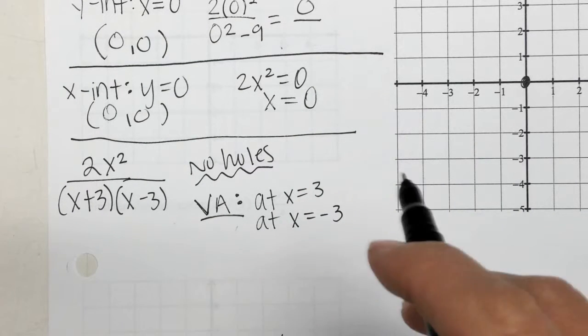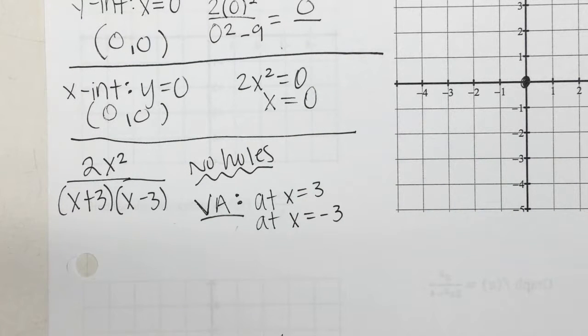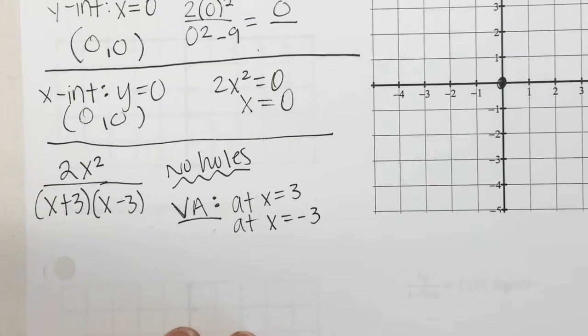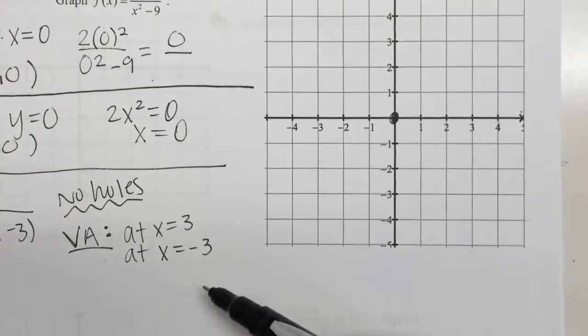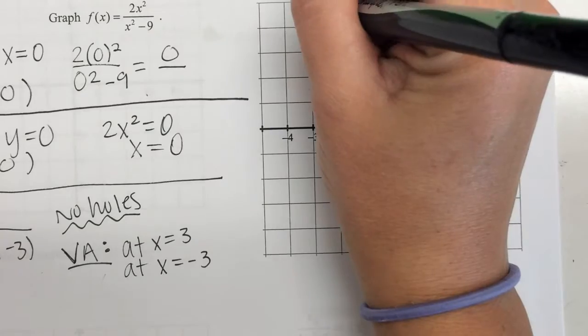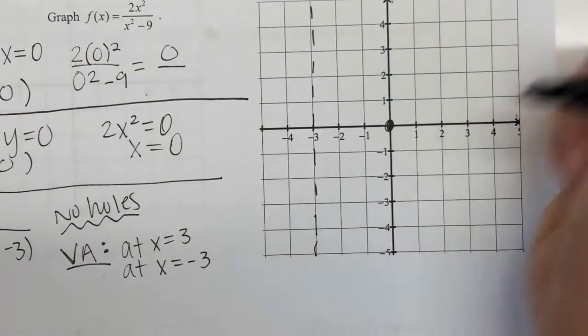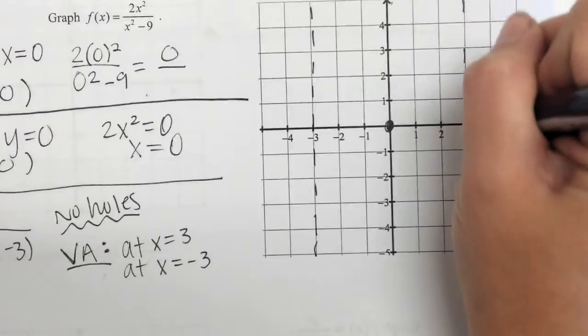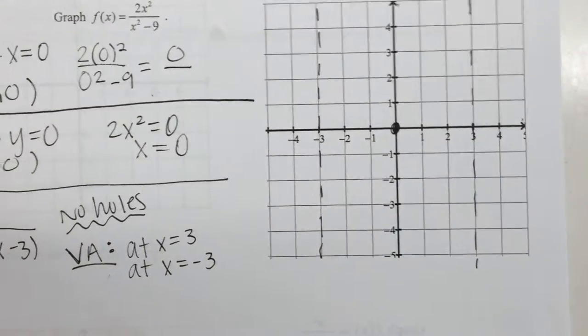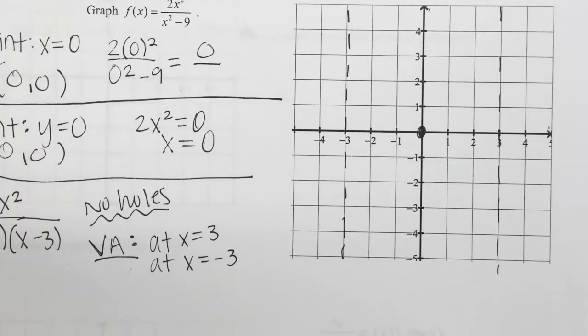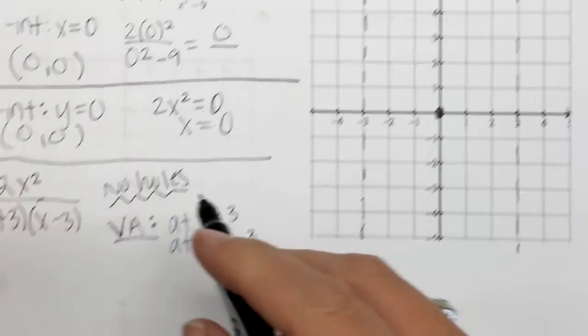And when you think about x equals 3 as a linear equation, that's what kind of line? Vertical, good. So let's go ahead and draw 2 vertical lines at each place, make them dotted. So one at negative 3, these are where our vertical asymptotes are going to be, one at positive 3. We don't have to worry about holes.